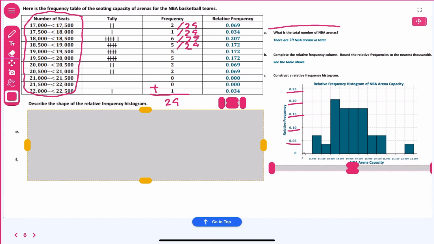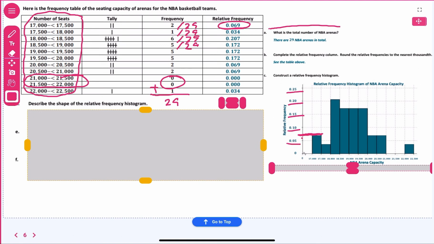So if you were to graph those, there's 0.069, there's about 0.07, so there's our 0.069. And we would just plot those. Notice there's nothing in between 21 and 22 because there are 0 seats there.